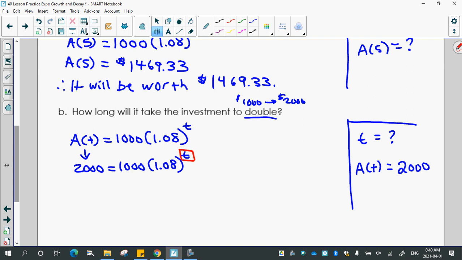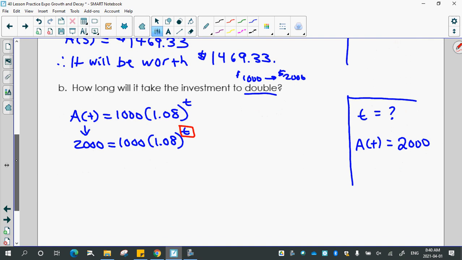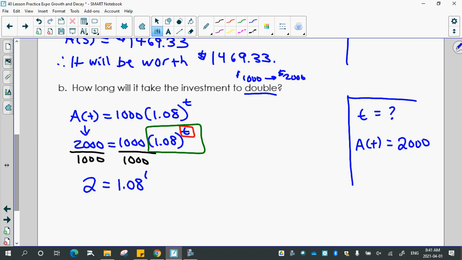So based on what we've learned when we solved exponential equations, we always want the exponential part by itself. So to get that exponential part by itself, what would I do to both sides? Divide by 1,000? Yeah. So now I've got that 2 is 1.08 to some exponent.